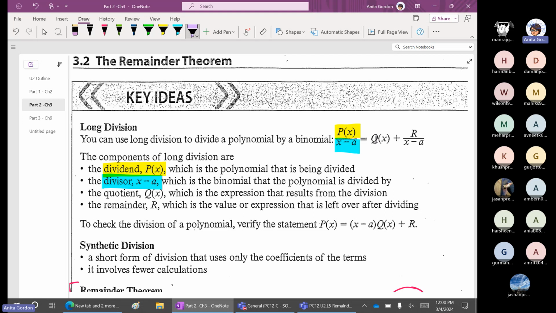And the result we will call Q for quotient with a remainder R. I'm hoping that all of these little letters make sense: P for polynomial, Q for quotient, R for remainder. And the remainder we write as the number R over the binomial that we chose, meaning we can't make this into a nice number.